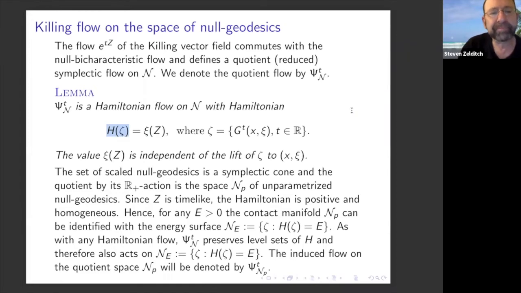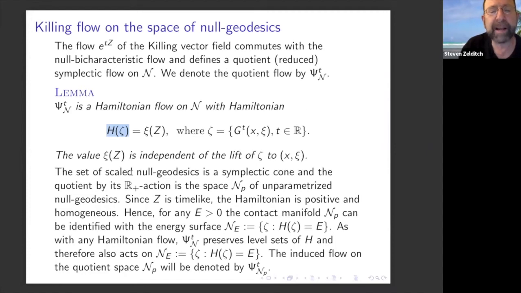This is called the Killing integral in general. Whenever you have a vector field generating isometries, it lifts to the cotangent bundle by this formula: you define H on a covector by letting the covector eat up the vector. And that generates the lift of the flow from the manifold to the cotangent bundle of the manifold.